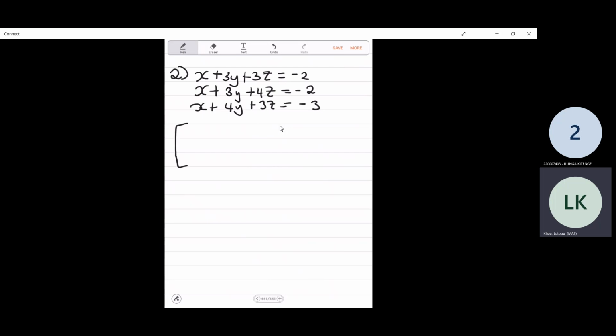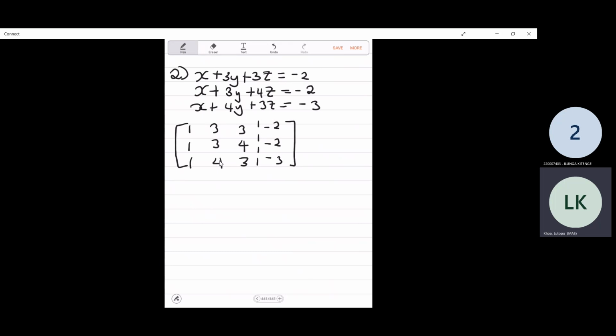So we draw our augmented matrix. We have 1, 1, 1, 3, 3, 4, 3, 4, 3, and then minus 2, minus 2, minus 3. That is our augmented matrix.